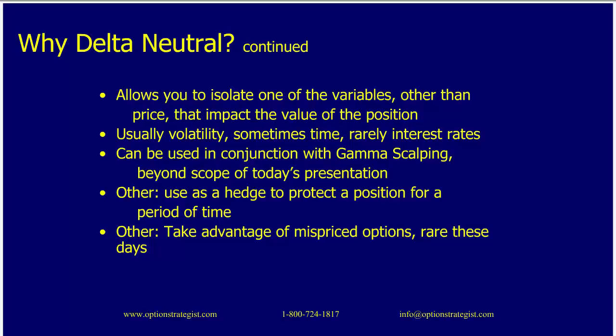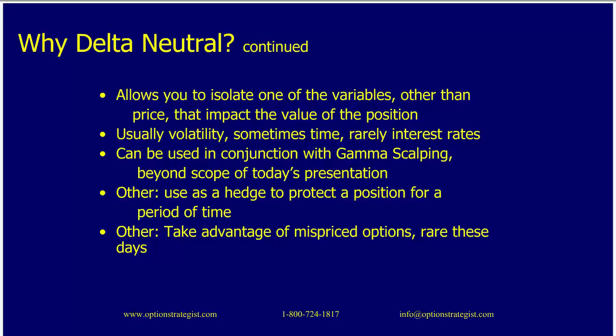And some people use delta neutral for other purposes, such as they want to protect a position for a period of time. In other words, let's say you might be concerned about what's going to happen to the market over the next X number of days or weeks or a month or whatever, and you might want to make the position delta neutral so that the direction won't impact the position, or at least not very much.